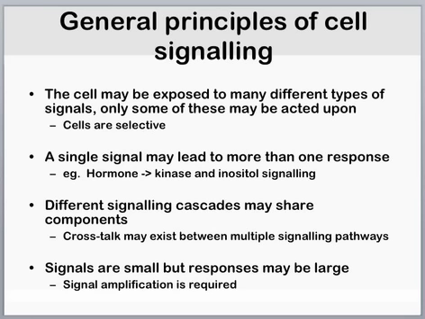Only certain signals can be perceived by that particular cell type. So an important principle of cell signaling is that the cell is specifically targeted by the signal. Or, not specifically targeted, it's particularly receptive to a single signal or a single collection of signals.